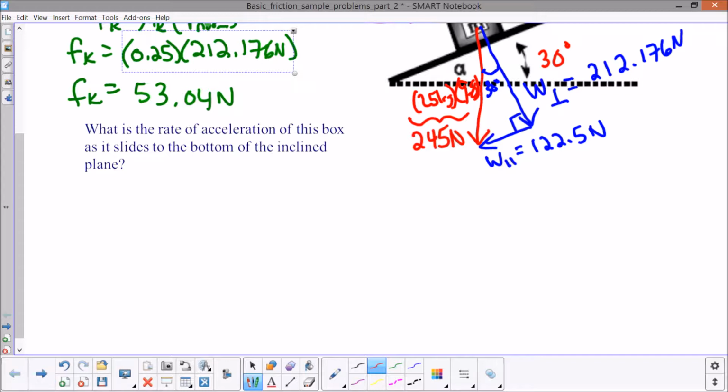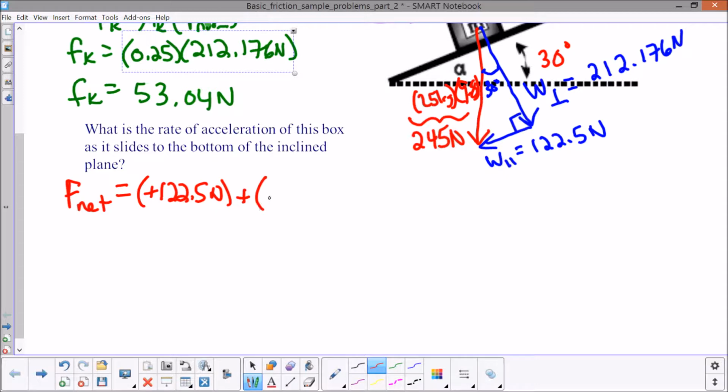we need to find the net force on the box. The net force is the individual forces added together. The force that's acting down the ramp, which we were calling the positive parallel direction, was the parallel component of the weight, which is 122.5 newtons, plus the force of friction.